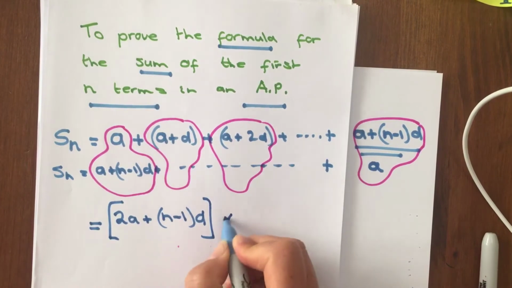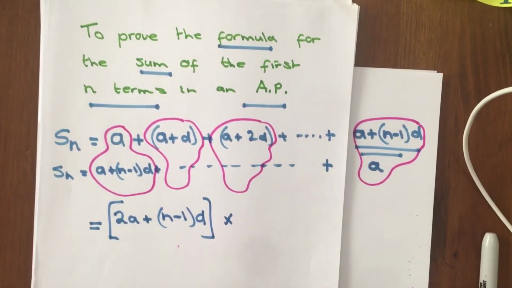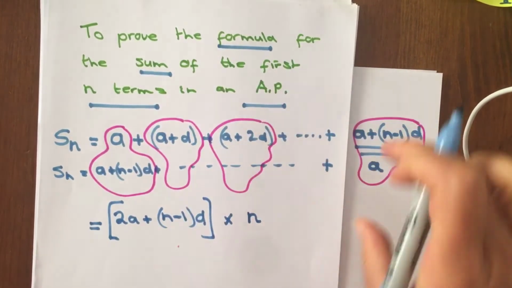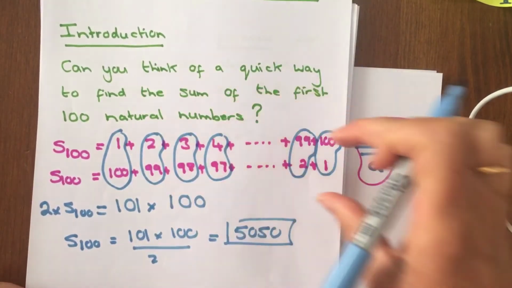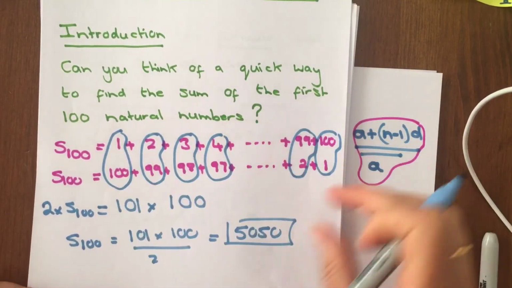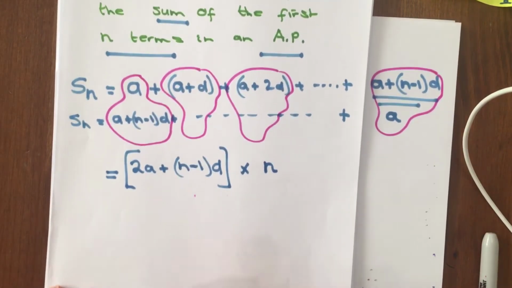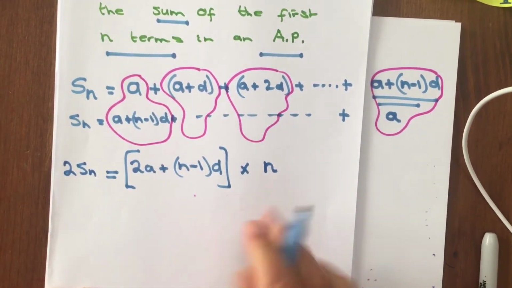But how many lots of these sums have I got? Well, I've got n terms, so I've got n lots. For example, like we did this, how many lots of 101 did I have? I had 100 of them because I had 100 terms. So I write down 2 lots of Sn, because I'm adding up these, will equal n lots of 2a plus (n minus 1)d.